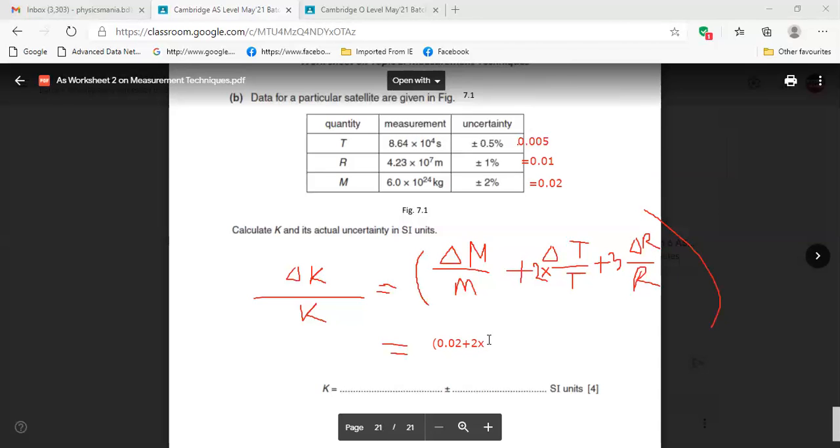Then 3 times del r by r, it will be 0.01, right?